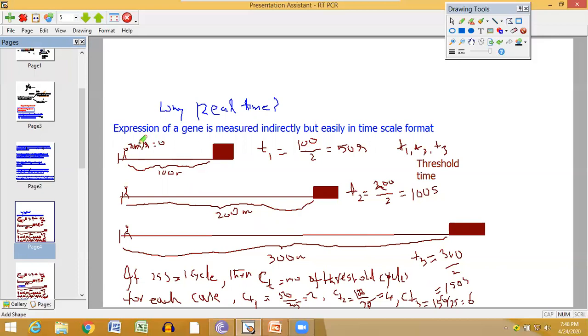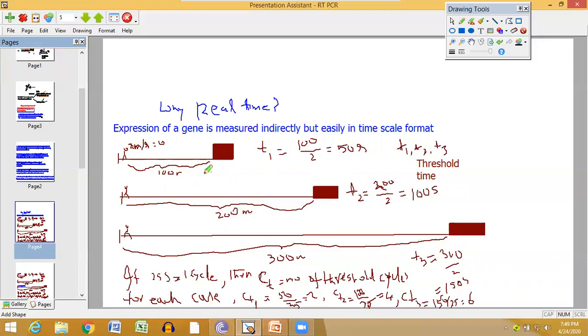I am showing an example. Say this is a person, this is one point, and this is one home. One home is situated 100 meters apart from that starting point. The second home is situated 200 meters apart from the starting point, and the third home is situated 300 meters apart from the starting point.